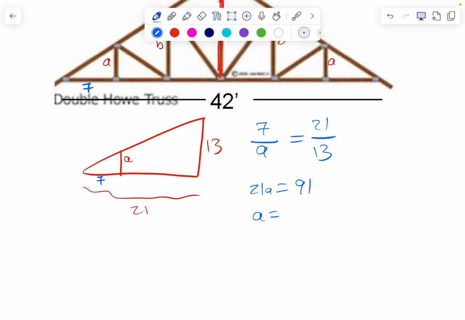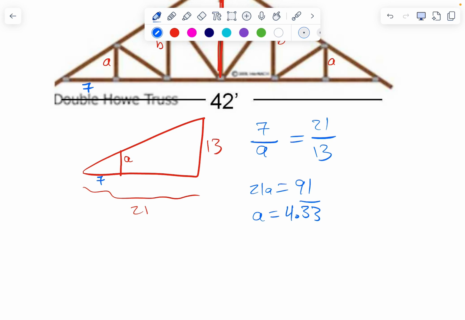What's 91 divided by 21? What did you say? 4.3? And you said 13? Oh, well, that's the same. I thought you said 13 something 3. Okay, so that first support A is 4.3 feet or 4 1/3 feet.